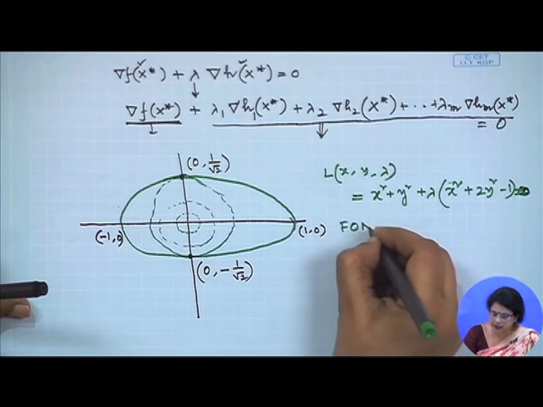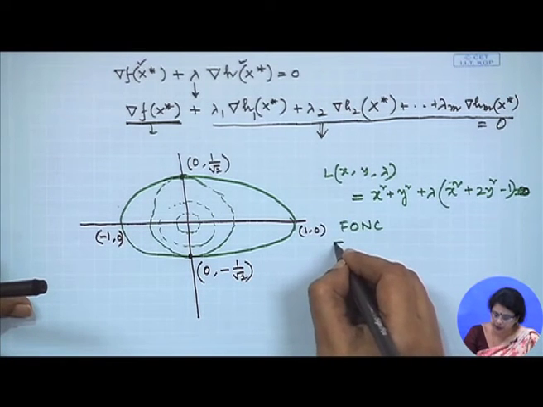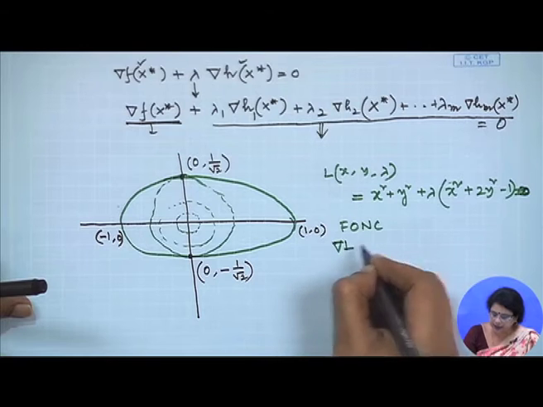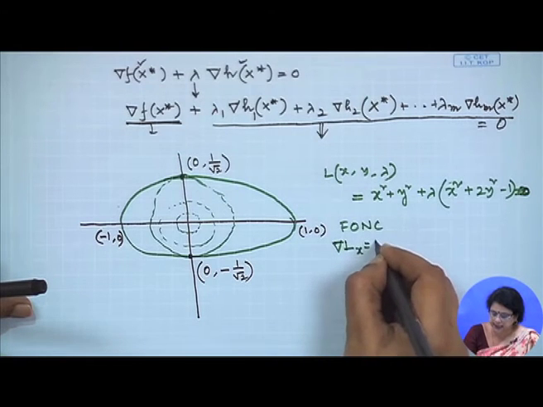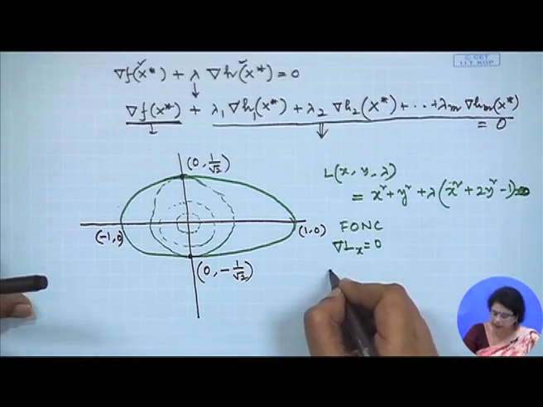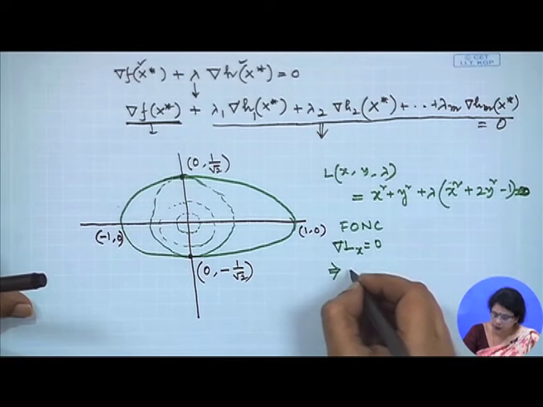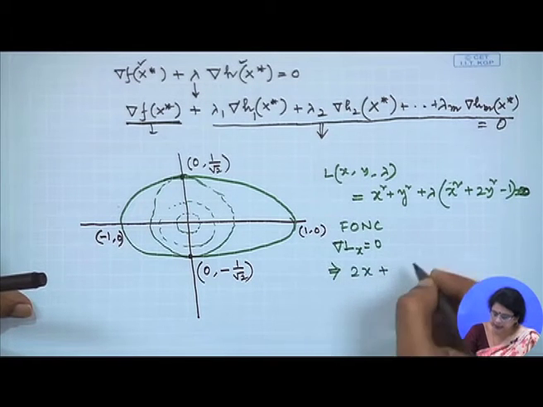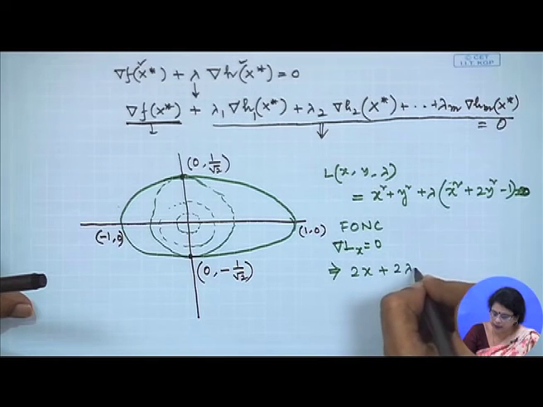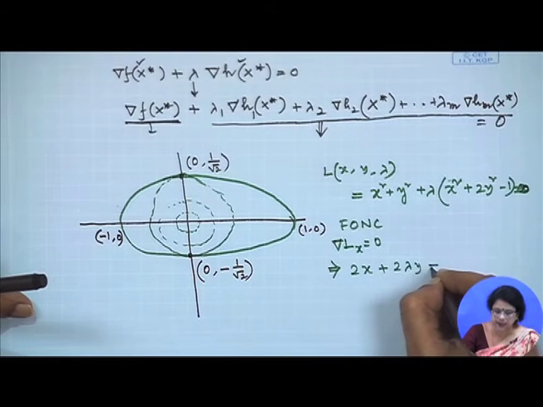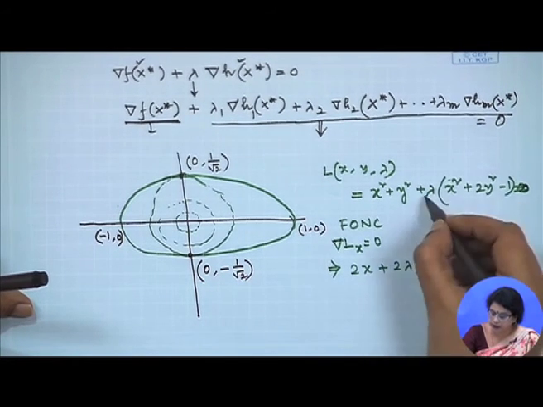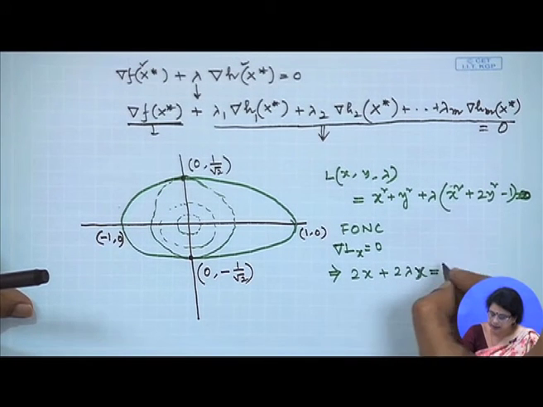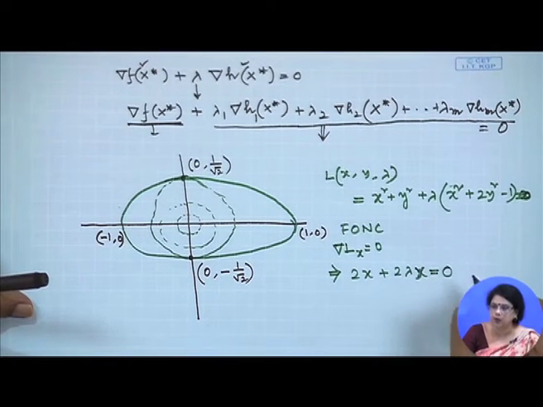Grad of L with respect to x must be equal to 0, which implies 2x plus 2 lambda x must be equal to 0.